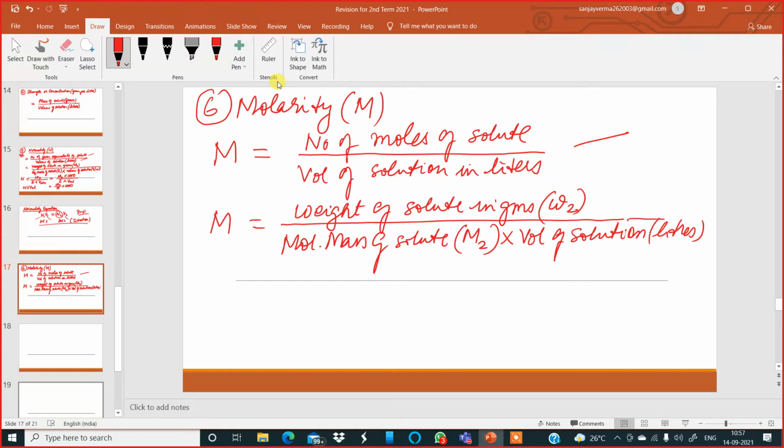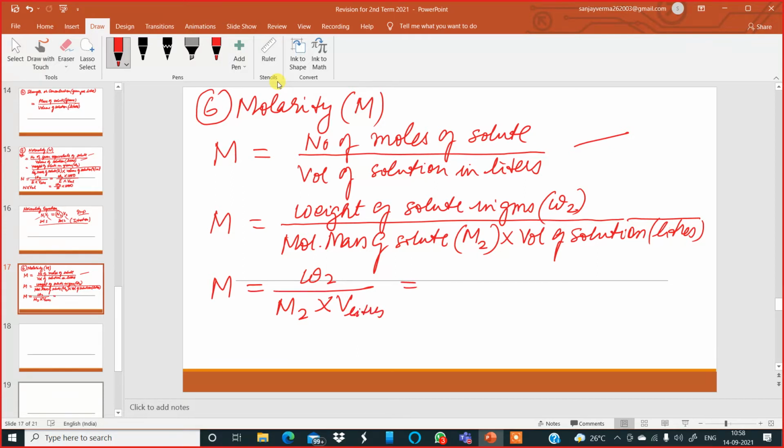So this is the second step for the same formula for molarity. Now, if I abbreviate the various terms, molarity will become equal to W2 in the numerator, and the denominator will have M2, the molecular mass of the solute, multiplied by volume in liters.